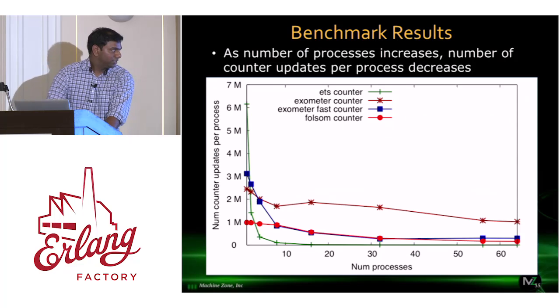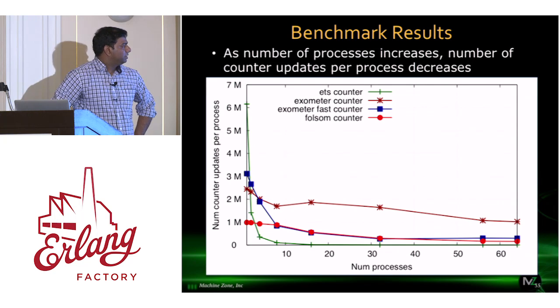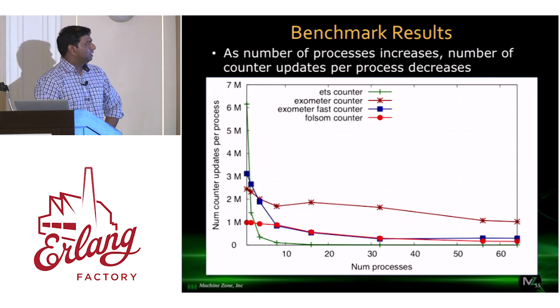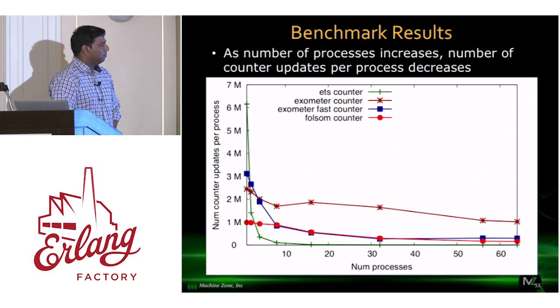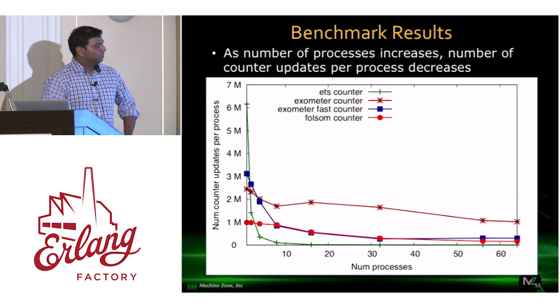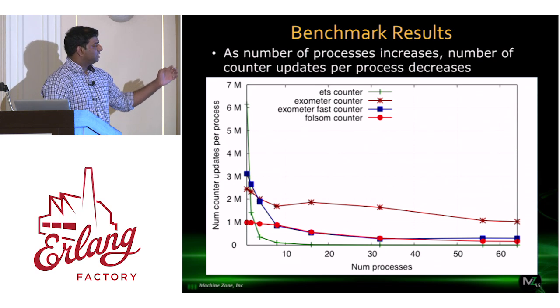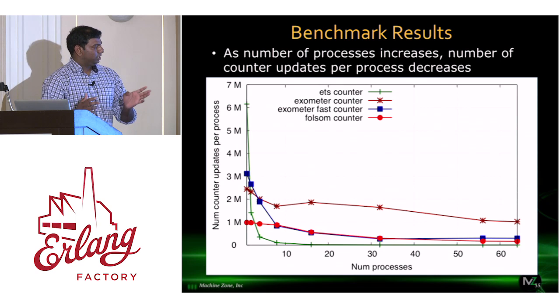Here are the results for the existing libraries. You notice, if we compare for just one single process, ETS table performs really fast. But once we start using many processes that update this single ETS table, it doesn't seem to scale. Exometer fast counter starts out really good, but once we move on from 2 processes, it also degrades.